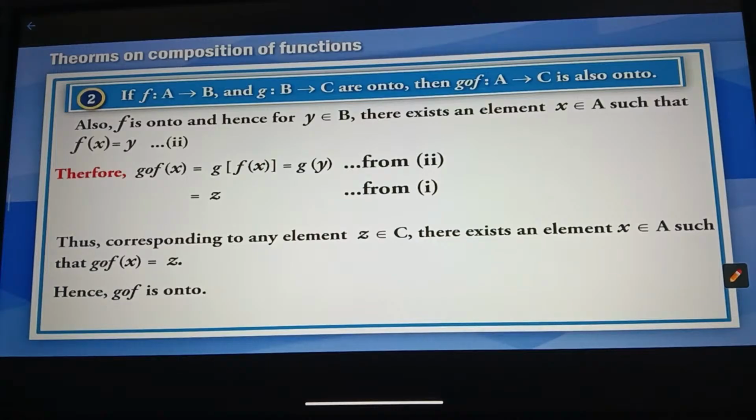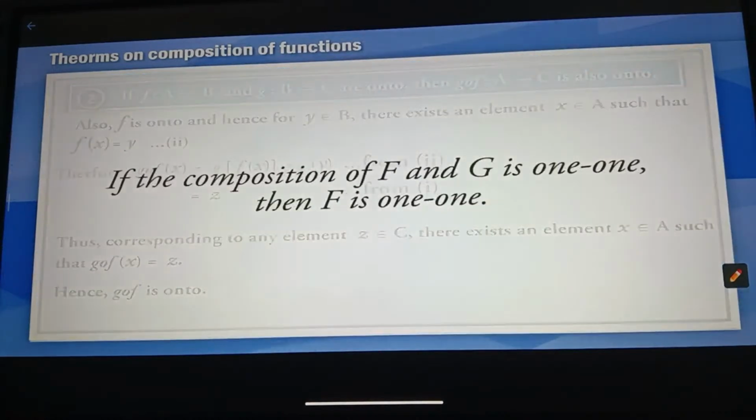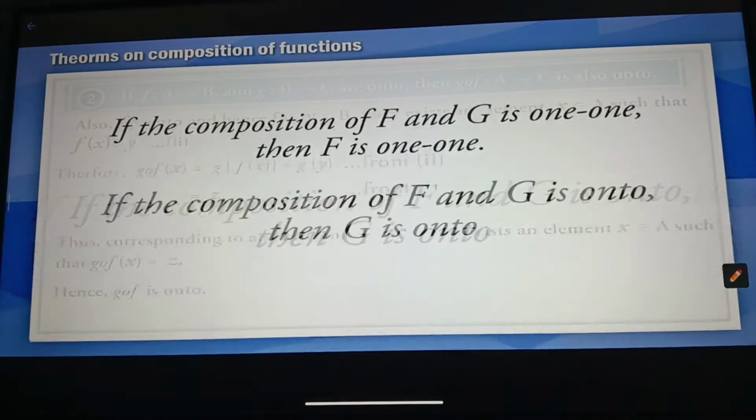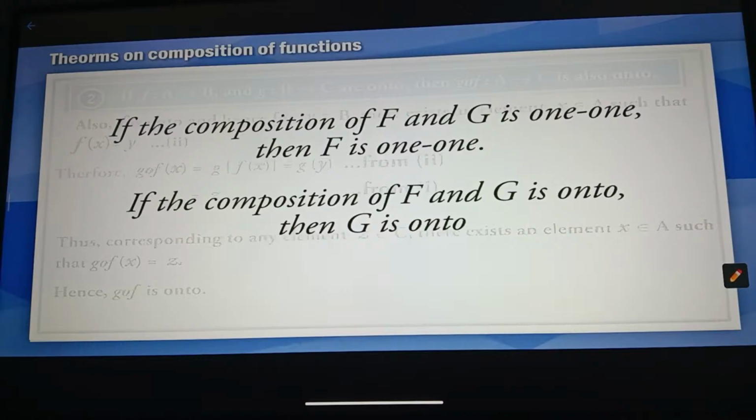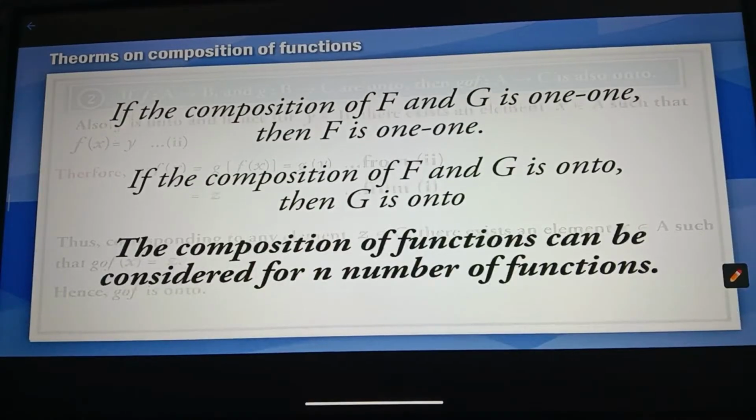It is important to note that in general, if the composition of f and g is 1-1, then f is 1-1. Similarly, if the composition of f and g is onto, then g is onto. The composition of functions can be considered for n number of functions, but in this class, we are discussing only for 3 functions.